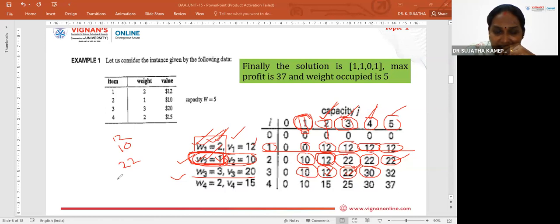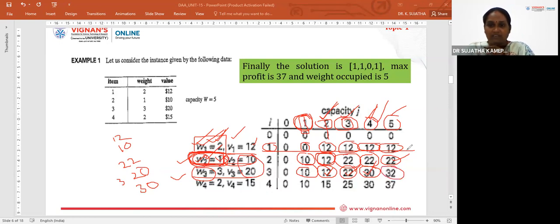I can place the third object alone, which gives a profit of 20. I can place the second object and third object, which gives a profit of 30. Their weight is 4, and here the capacity is 4. So that's why I can place both the objects, which gives a profit of 30. So that's why here we are selecting the second object and third object.